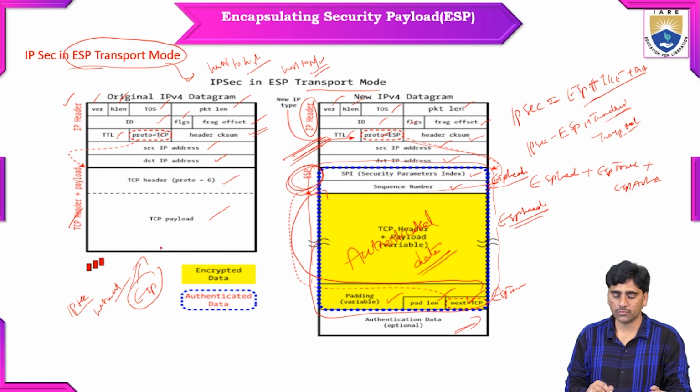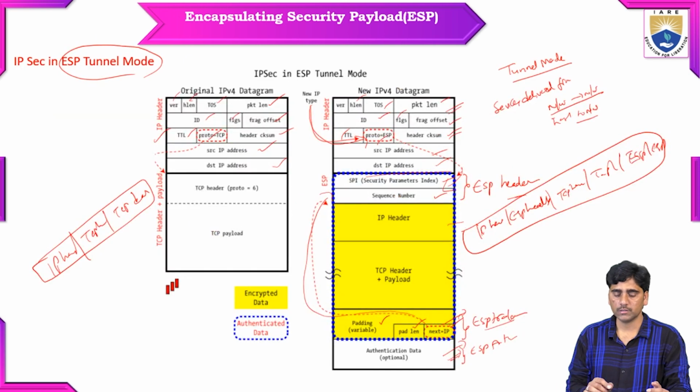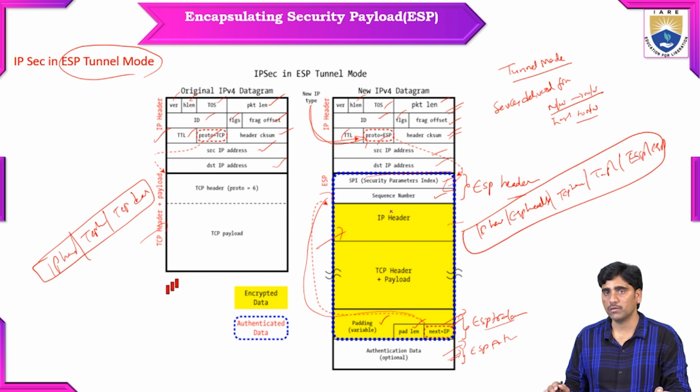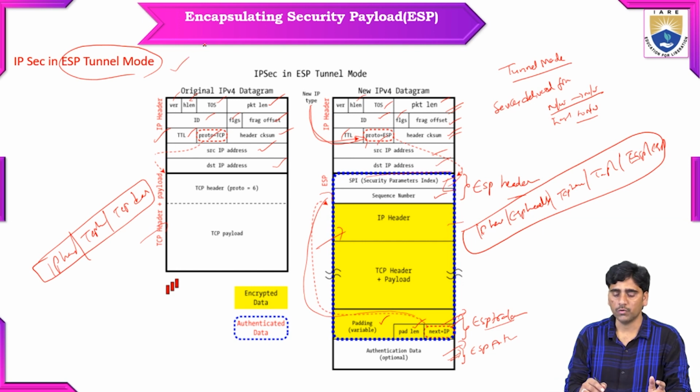This is without ESP in transport mode, and this is with ESP in transport mode. And here the ESP in tunnel mode, and this is with ESP tunnel mode. So the main thing is delivering the services from host to host operates in transport mode, and host to network or network to network services operate in tunnel mode.